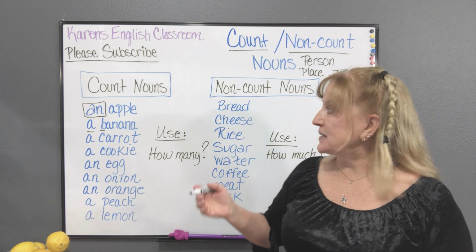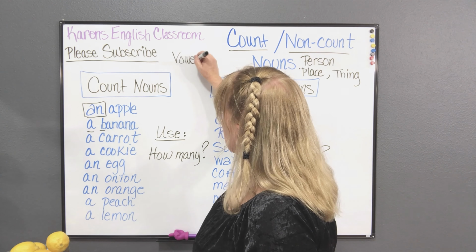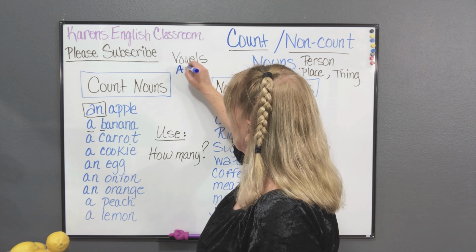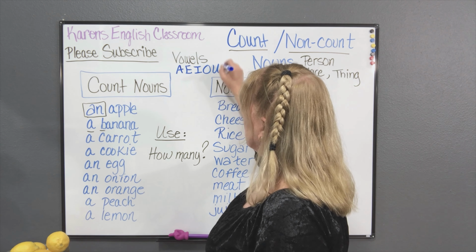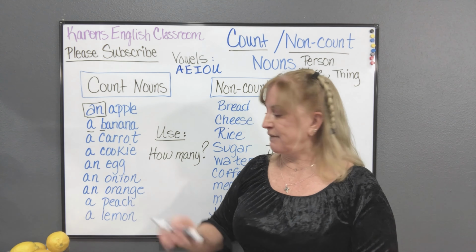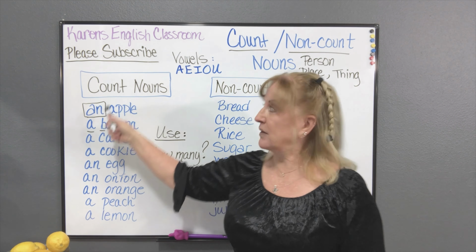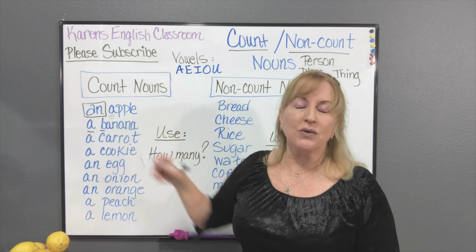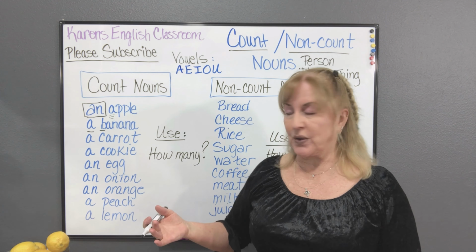Well, let me tell you, class, it's because of vowels, and vowels are A, E, I, O, U. When the first letter of your word is a vowel, for example, A, you have to write an. You can't say a apple. You have to say an apple.